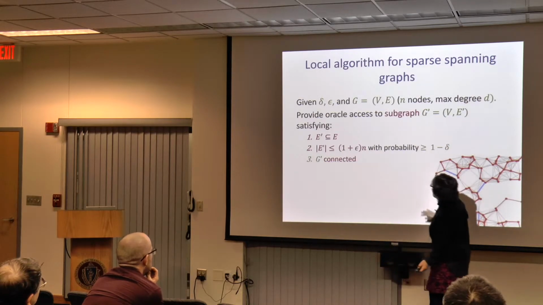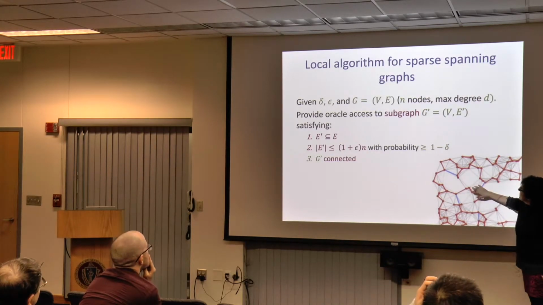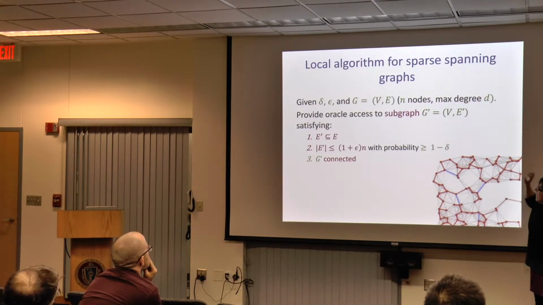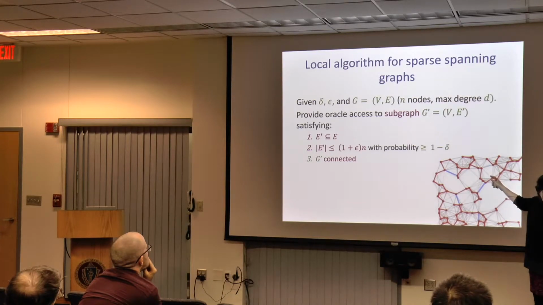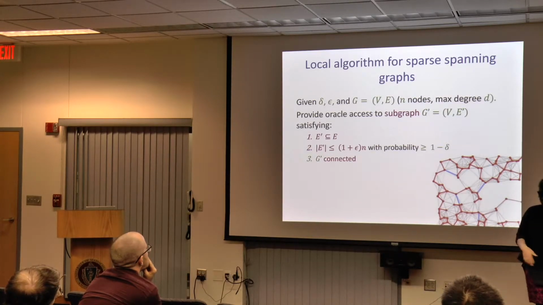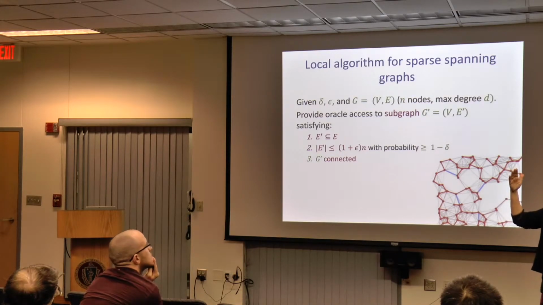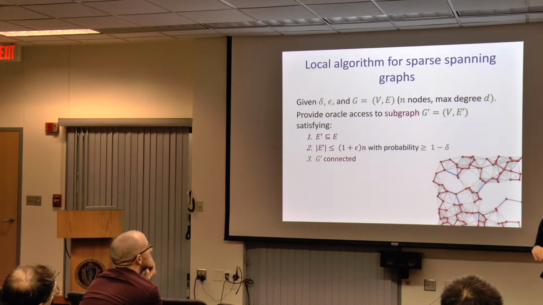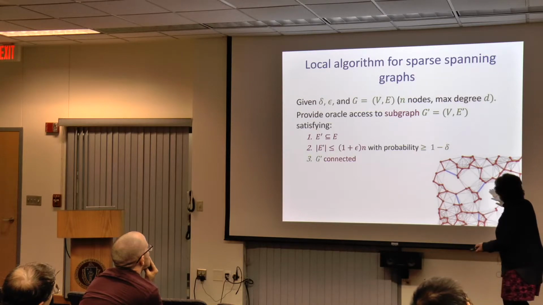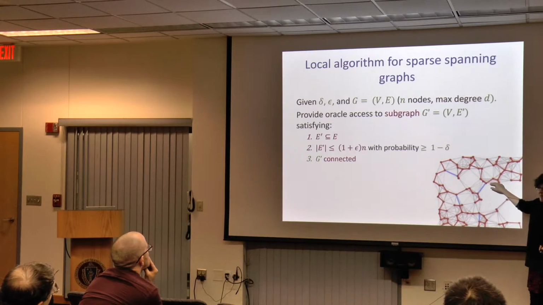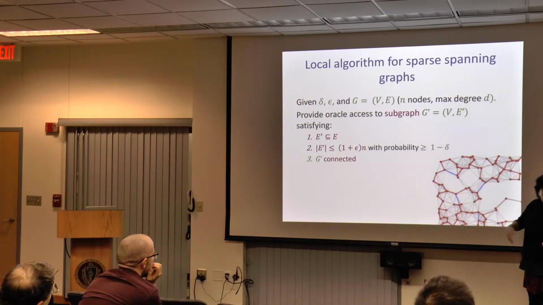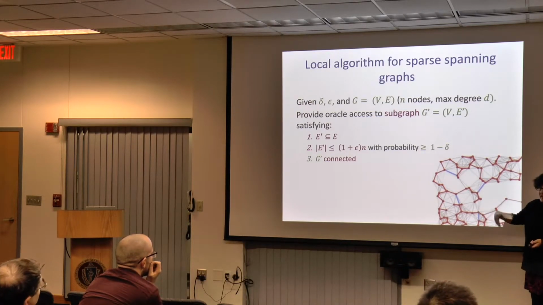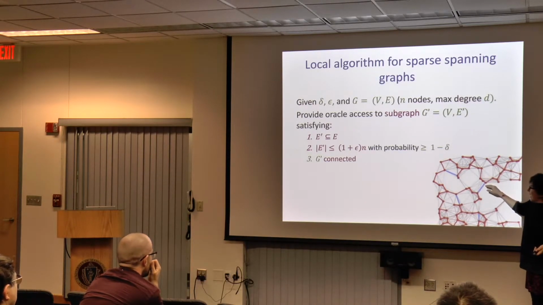For my small spanning graph, any edge I say yes on better be an original edge from the graph. I'm not allowed to invent new edges. But I'm allowed to say yes on (1 plus epsilon) n many edges. I need n minus 1 for a spanning tree, so I get epsilon n more.